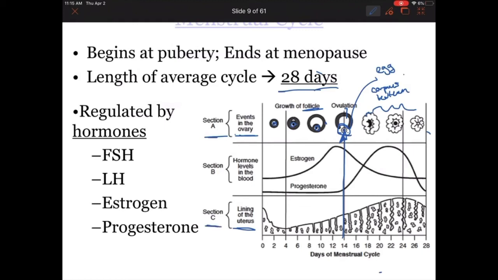I'm going to move down here to section C. So this is starting on day 0, which would be the first day of the menstrual cycle, or the day that the uterine lining begins to be shed. That's also known as a period. So you're looking at that uterine lining being lost from about day 0 to about day 5.